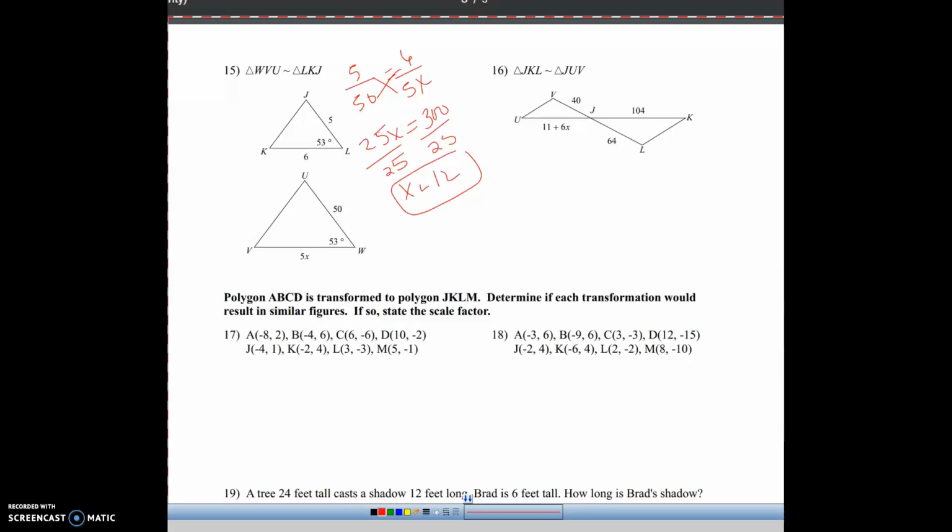Okay, on 16, let's see, proportion again, since they're similar, VJ is 40. VJ goes with LJ. LJ is 64. Equals 11 plus 6x over 104.